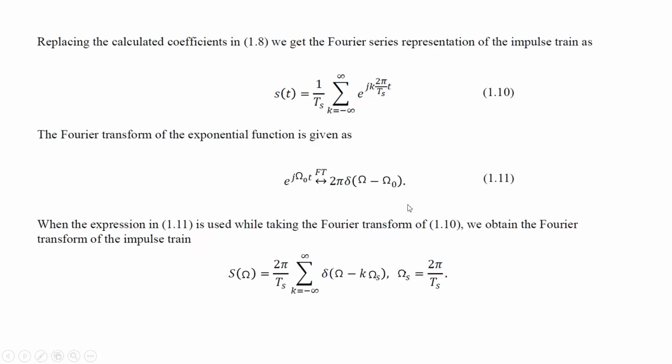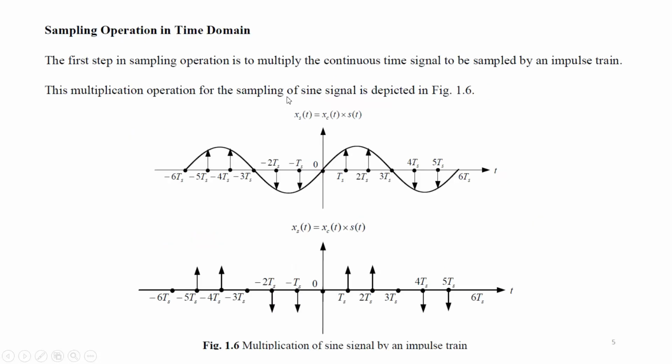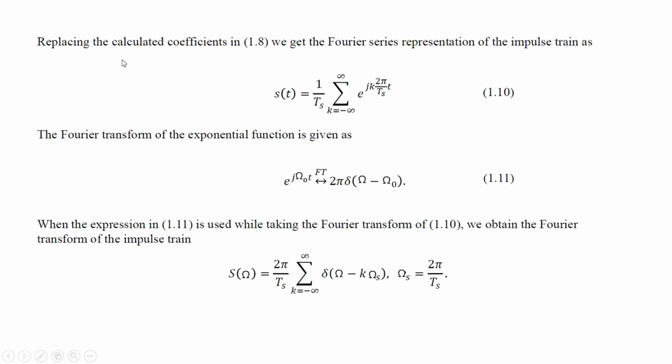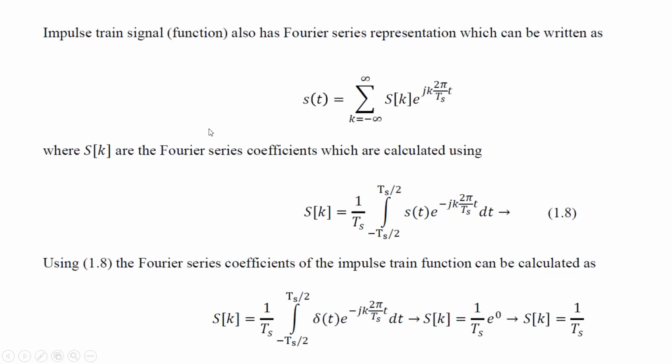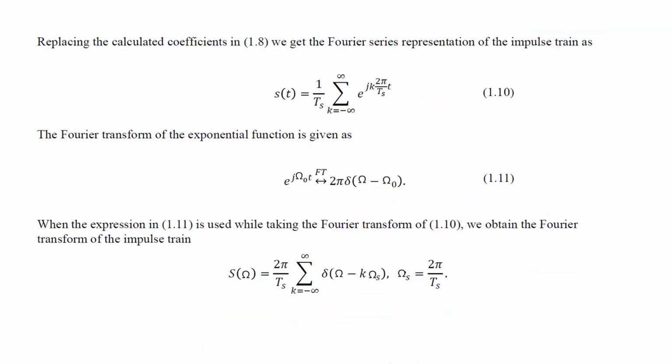If you make the right substitution, you will find that S(omega) will be equal to this expression, which is the Fourier transform of the impulse train function. So what we have done is we have defined the impulse train function, and we have taken the Fourier transform of the impulse train function.